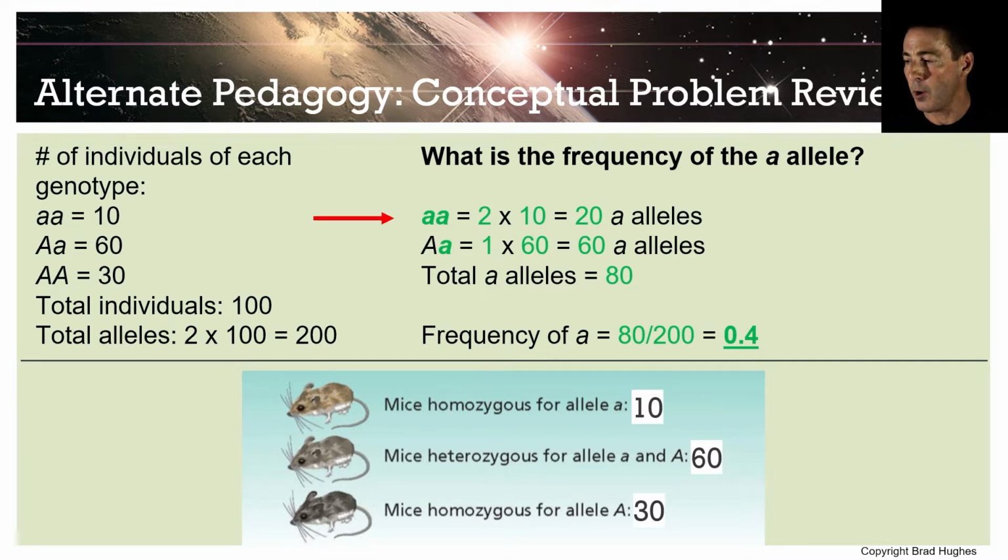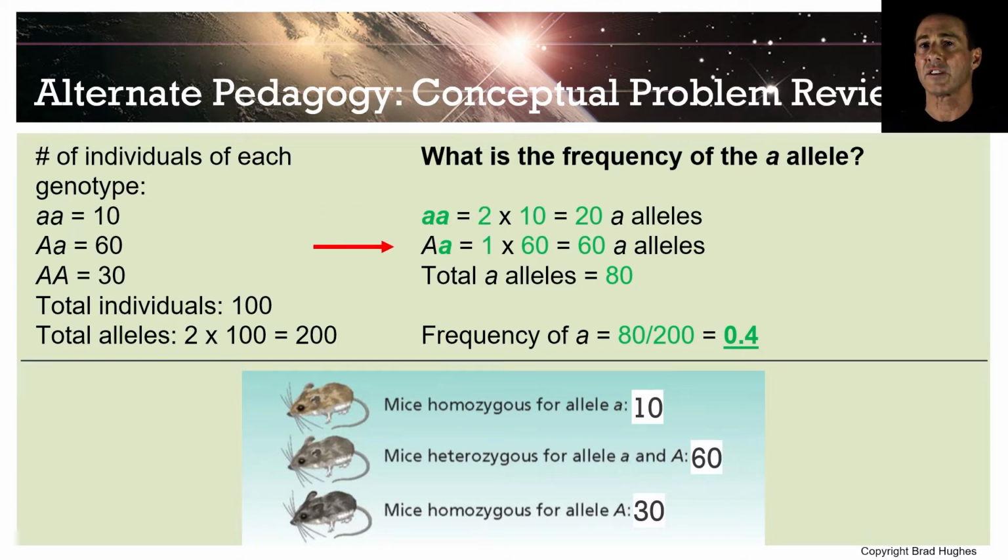There are 10 homozygous small a individuals and 60 heterozygous big A, small a individuals. Each homozygous small a individual has 2 small a alleles. So there are 2 times 10 equals 20 from the homozygotes.